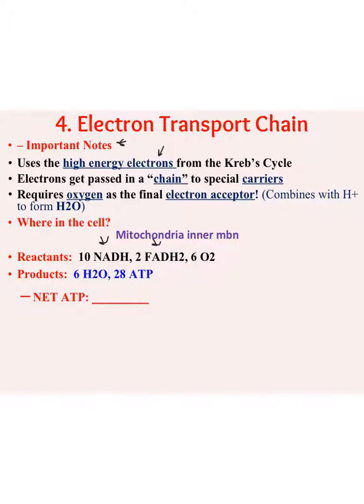Remember, all we need to know is those guys carry electrons. Now we're going to use those electrons to make a whopping roughly 28 ATPs. We're going to do that during what's called the electron transport chain. And you saw it earlier in photosynthesis. It's basically the same exact thing as photosynthesis, just in reverse, backwards.